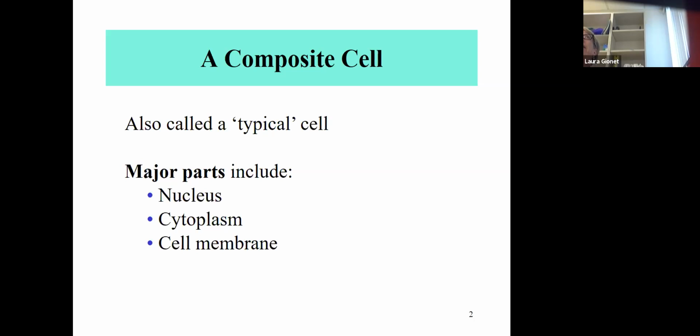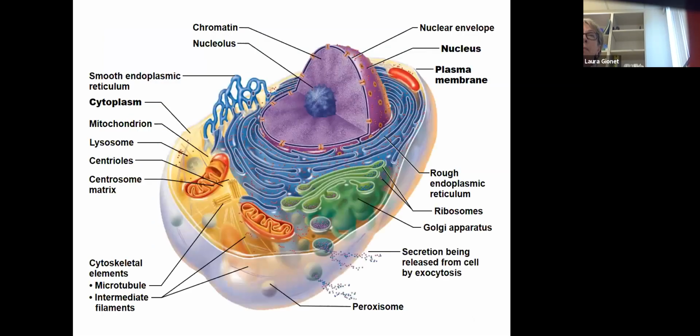Osteoclasts break down compact bone to release the calcium stored there so it can enter the bloodstream, and they are generally abundant in lysosomes. So although these are typical organelles, some cells have more or less of them depending on what they functionally do. But the major parts are the nucleus, the cytoplasm, and the cell membrane or plasma membrane.